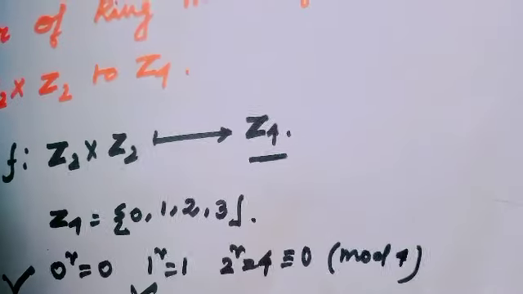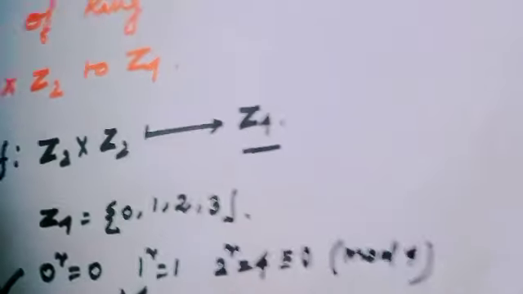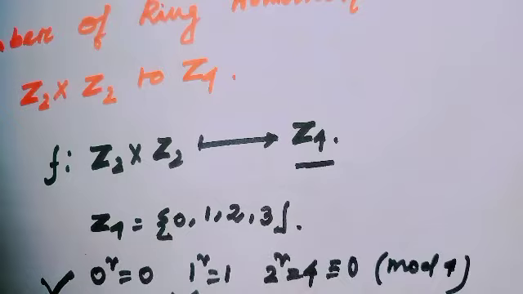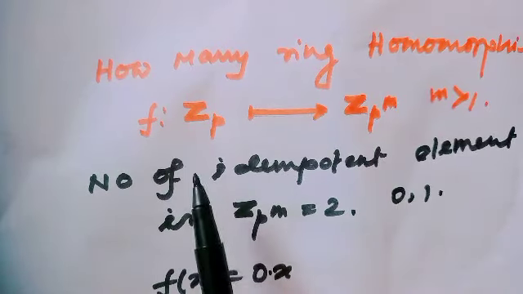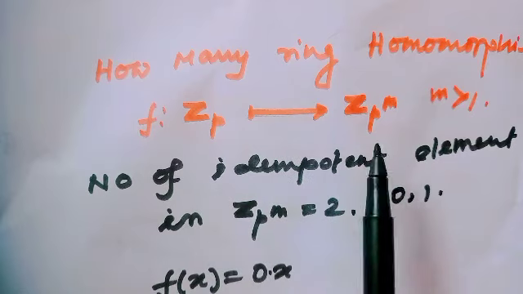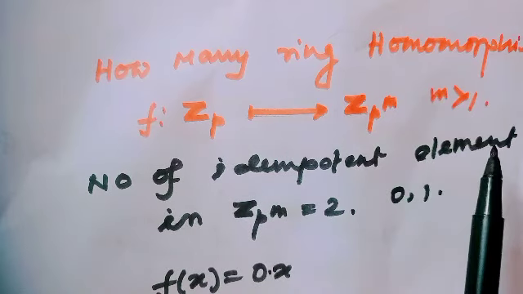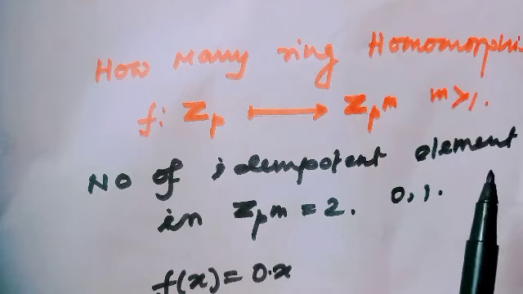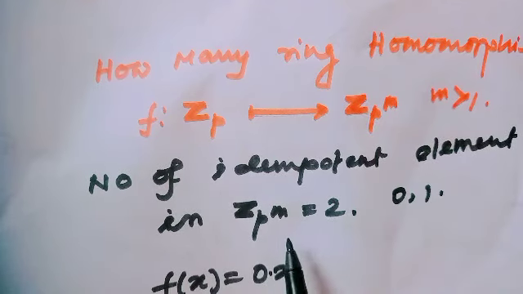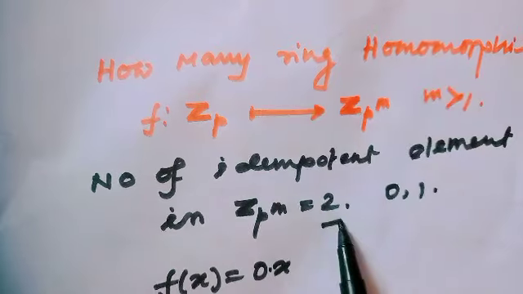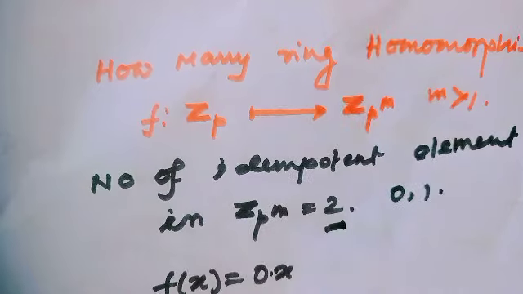How do we find ring homomorphisms? Well, now my question: how many ring homomorphisms f exist from Zp to Zp to the power m where m greater than 1? Here, the number of idempotent elements in Zp to the power m is 2, because here the prime divisor is only p.